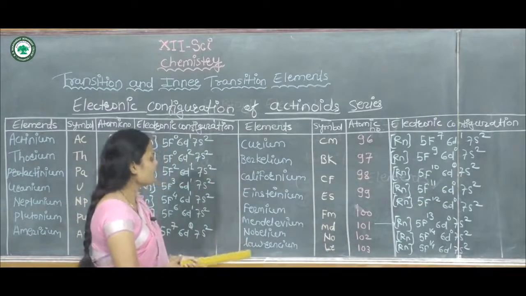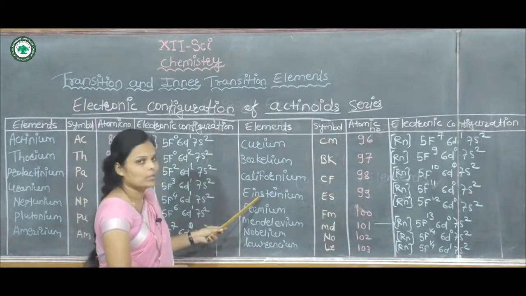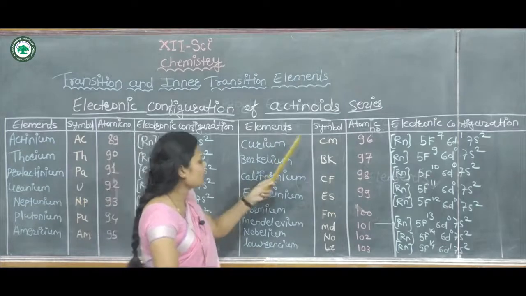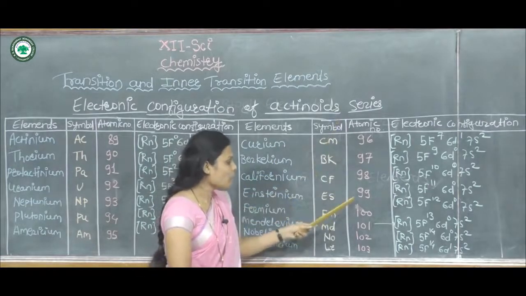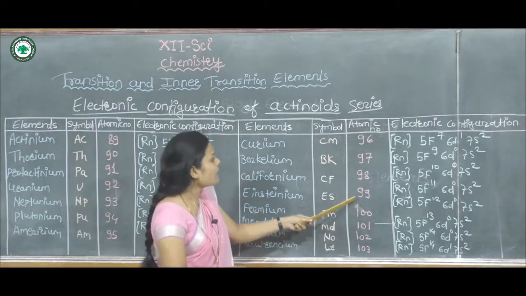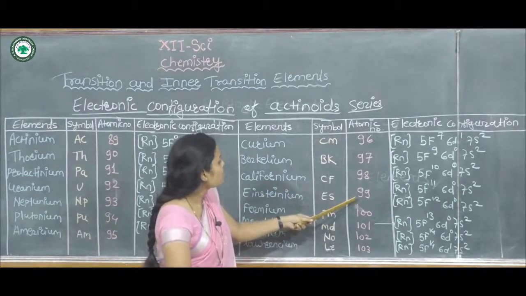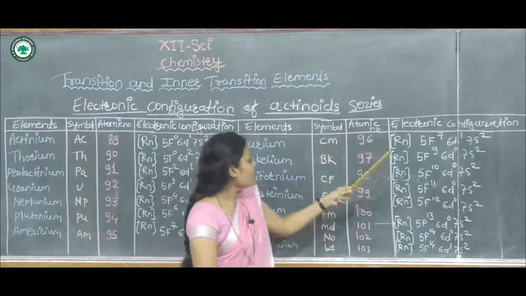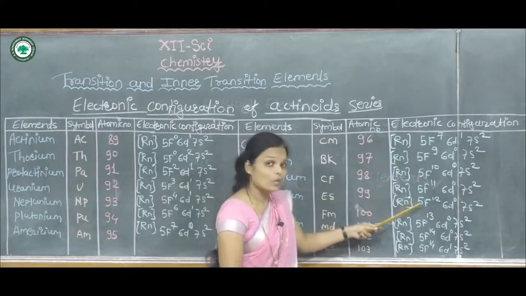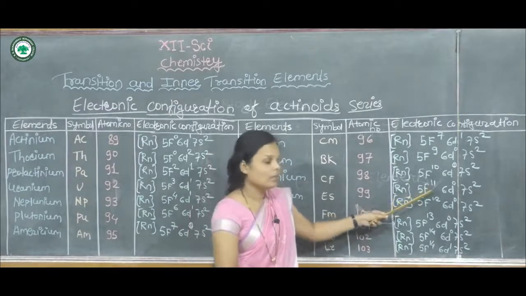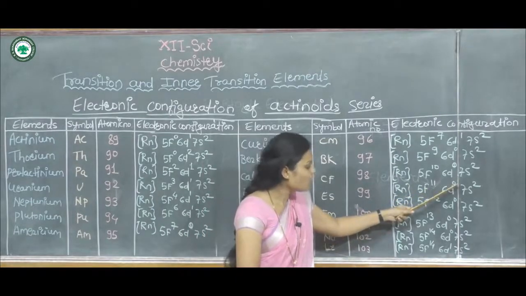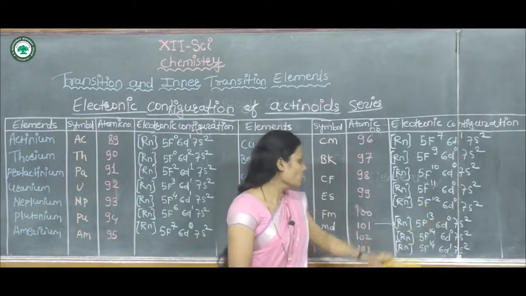Now the next element is einsteinium. Its symbol is capital E, small s. Atomic number of einsteinium is 99 and its electronic configuration is 5f11, 6d0 and 7s2.